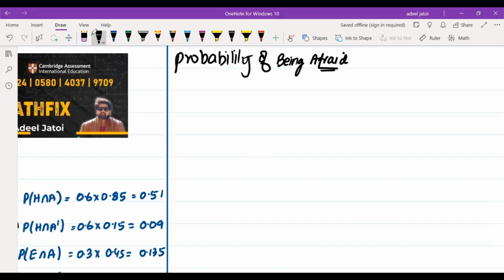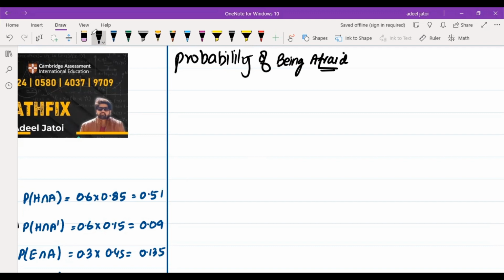The question here is open-ended. That means the Ayan can be on horse afraid, on camel afraid, or on elephant afraid, because the question really wants us to find the probability of being afraid.